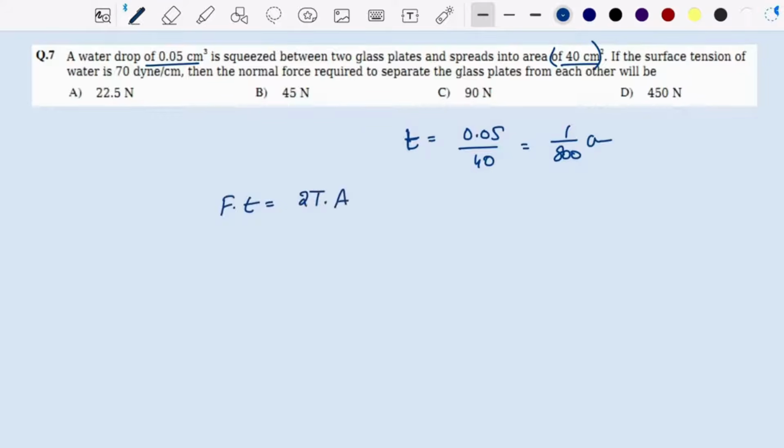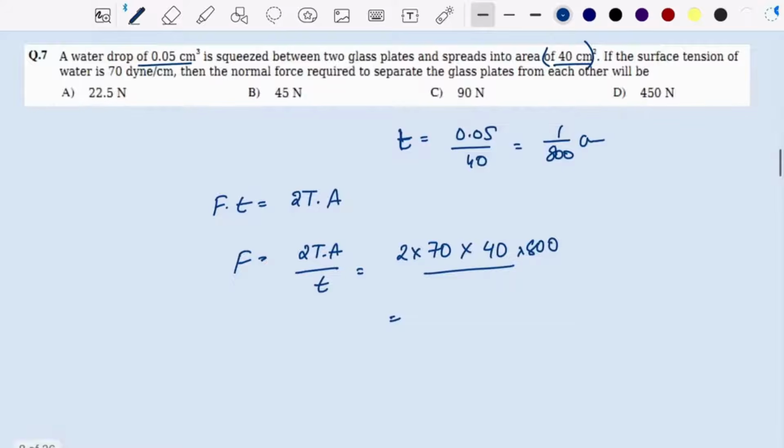Force is going to be 2T times area by thickness, which is 2 into surface tension, which is 70 dynes, into area, which is 40 centimeters square, upon 1 by 800, which is multiplying by 800 here. So you end up getting around 450 into 10 power 4 dynes, which is approximately 45 newtons.